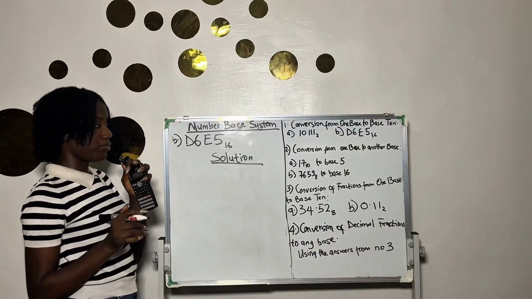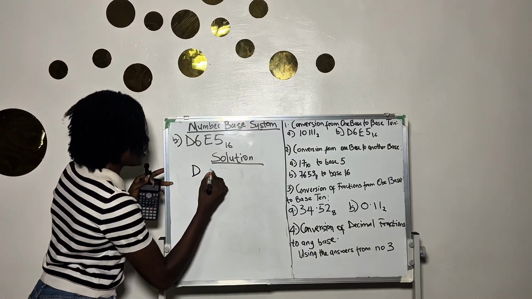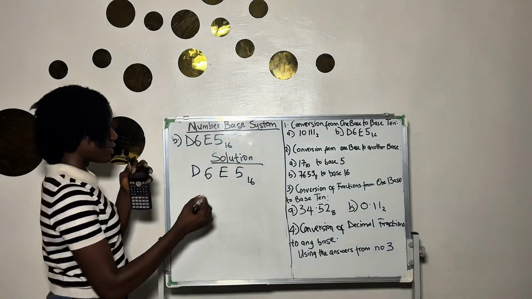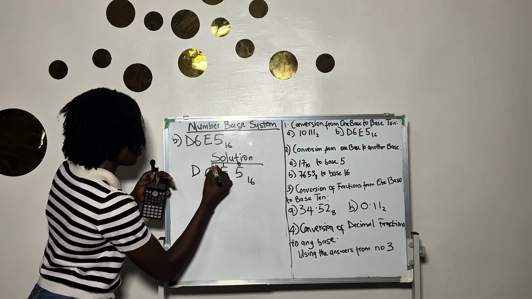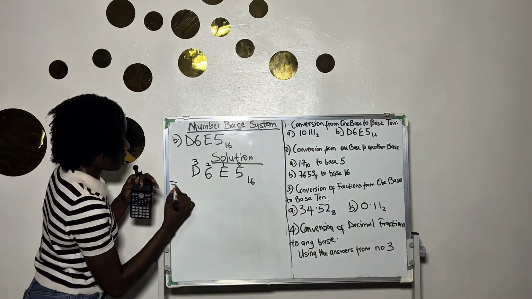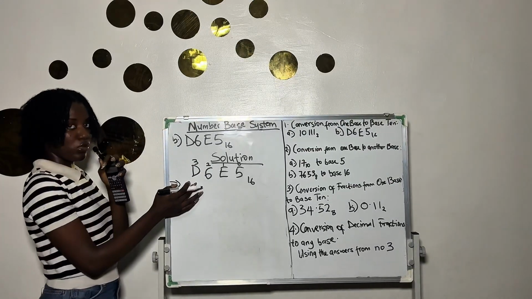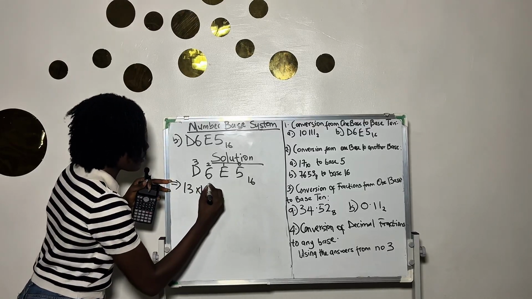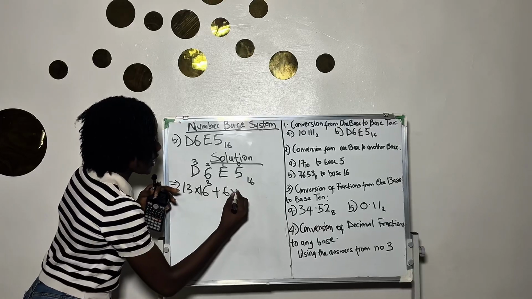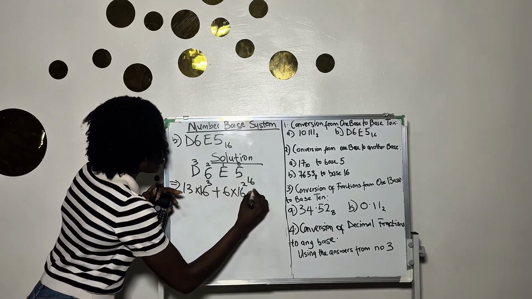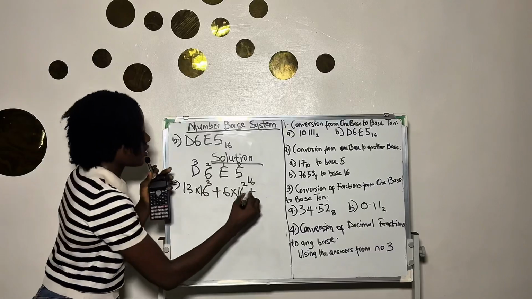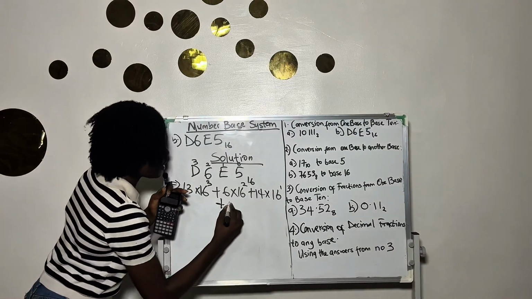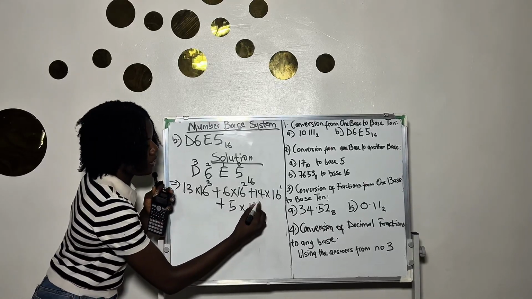Going with the second example, D6E5 in base 16. So let's put the place value starting from 0, 0, 1, 2, 3. We know that D is what? 13. So 13 times 16 raised to the power 3 plus 6 times 16 raised to the power 2 plus E is 14. 14 times 16 raised to the power 1 plus 5 times 16 raised to the power 0.